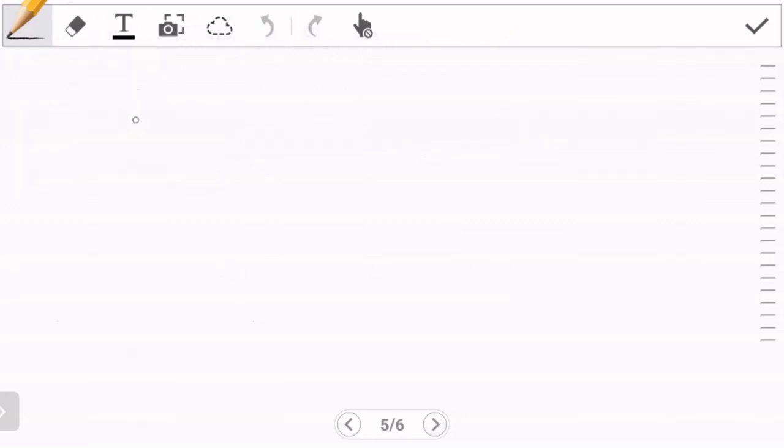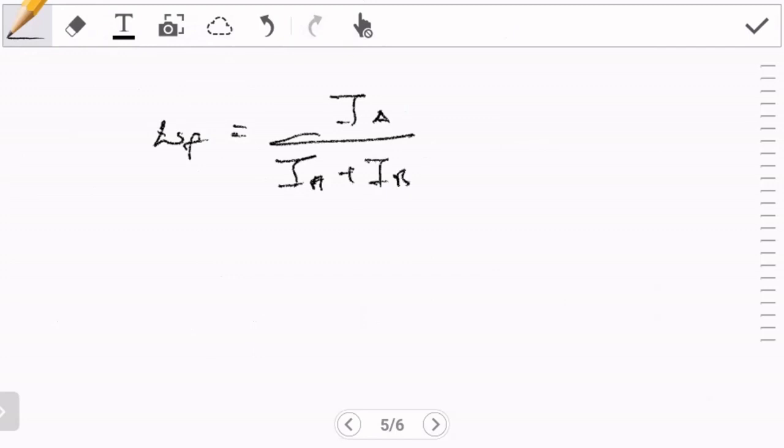We're already given the angular velocity. So omega final is equal to I A over I A plus I B multiplying the angular velocity for A initial.